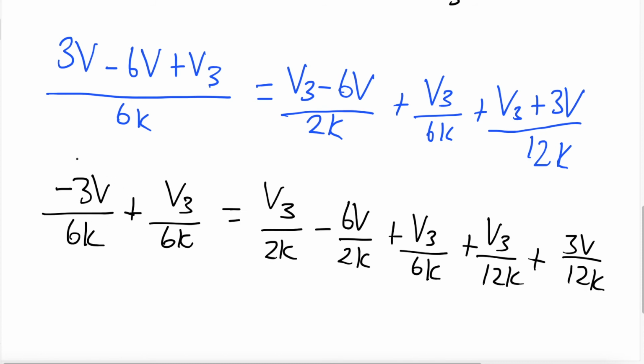So then let's go ahead and solve this further. We know that negative 3 divided by 6 is equal to negative 0.5.